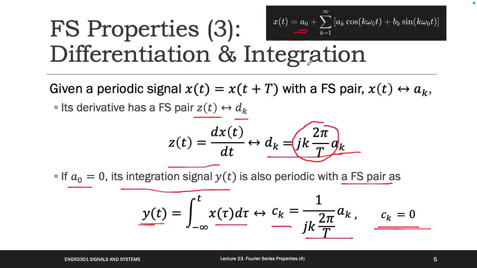If you see x(t) equals a naught plus the sum over k from negative infinity of a_k terms, or a_k constant plus b_k constant, and so on, you can see these parts are periodic because they are related to sinusoids. And this one is a sinusoid plus a constant value.